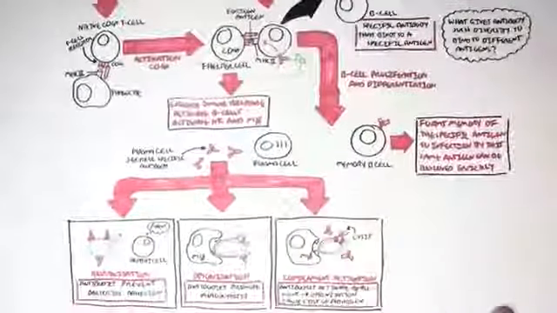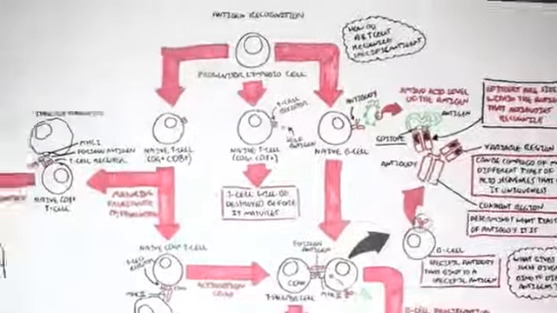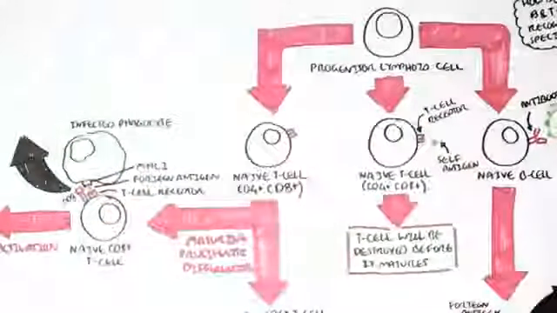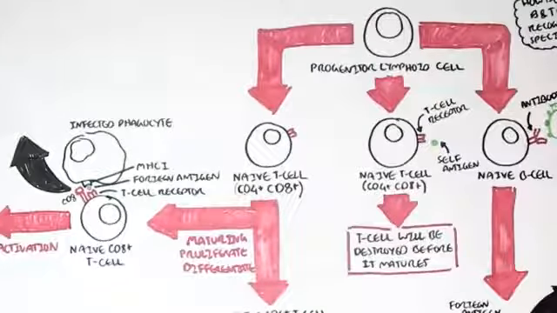Now let's look at the naive CD8 T cell. The naive CD8 T cell, remember, becomes activated when a foreign antigen is presented on a major histocompatibility complex class 1 by an infected antigen presenting cell, such as this phagocyte. So the naive CD8 T cell has a T cell receptor.